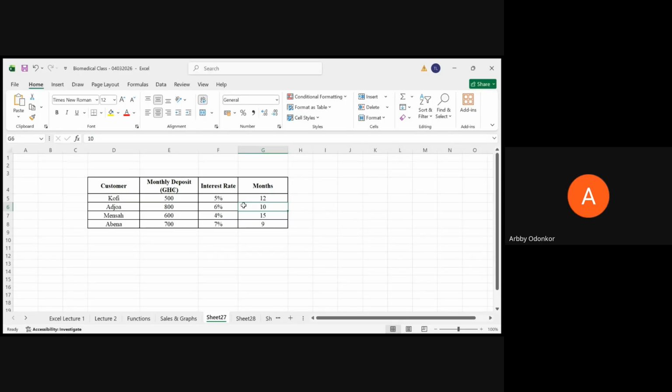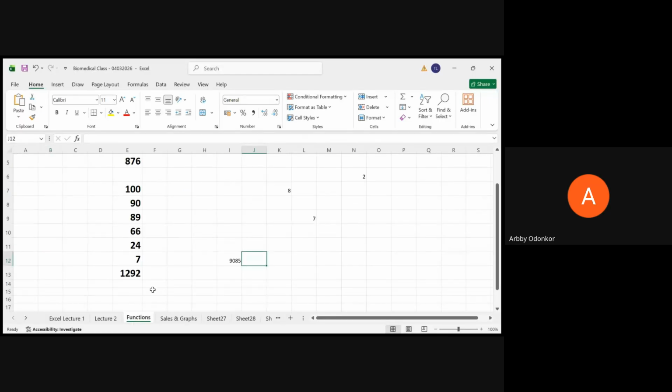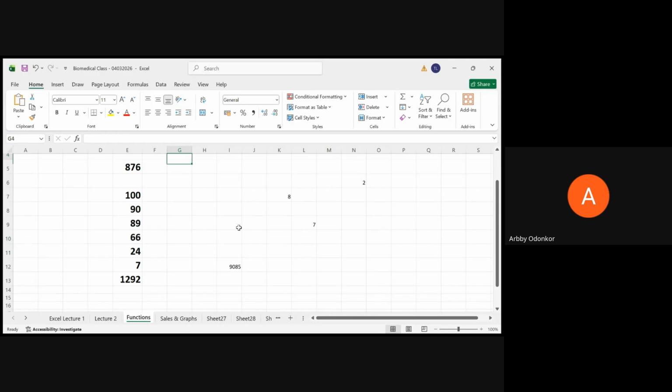Calculate total savings using monthly deposits times months. Okay, so this one is easy, right? Remember, in this class we've done functions, and then the calculations. Can you see this tab where I have written functions?